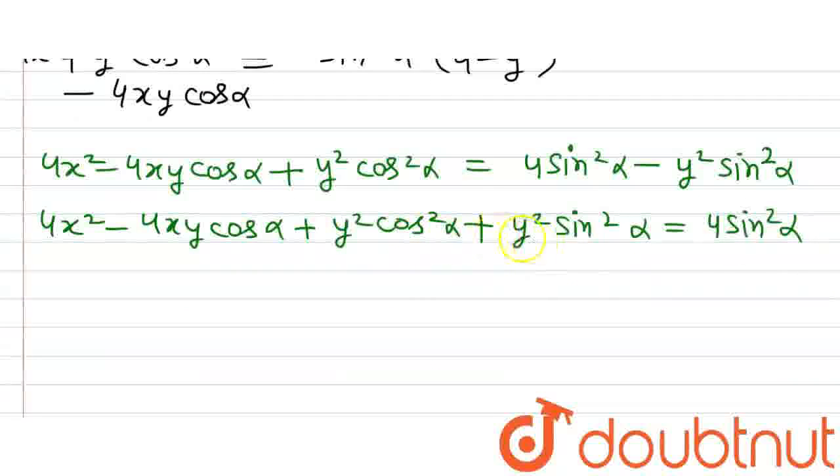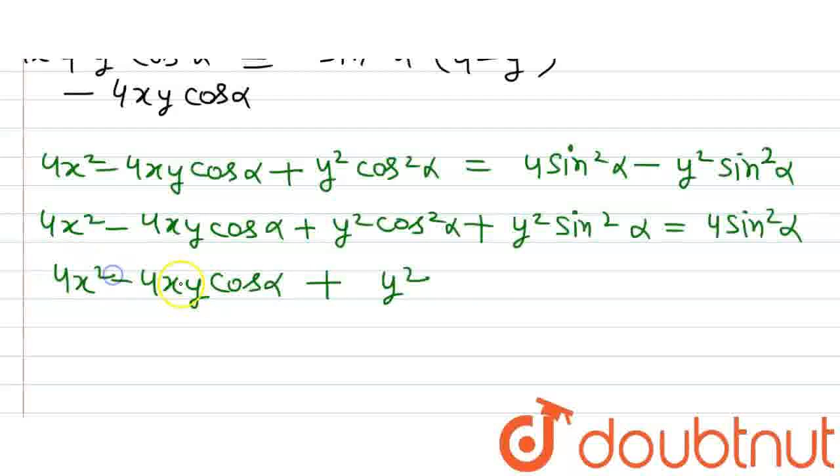Now from here we can take y square common, so we will have y square times sin square alpha plus cos square alpha in the bracket, which will give us 1. So y square will be there. From here we will have minus 4xy cos alpha, and 4x square, and this will be equal to 4 sin square alpha.